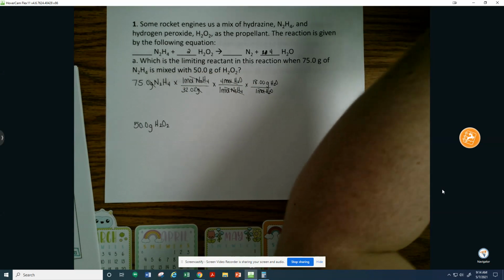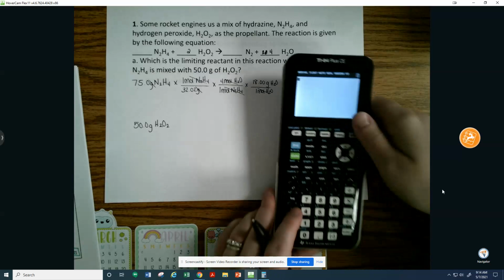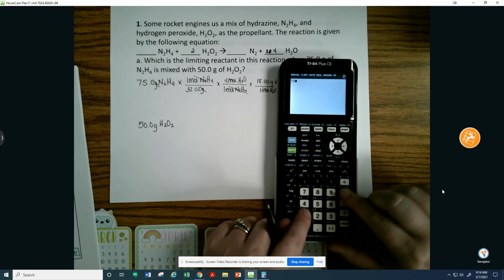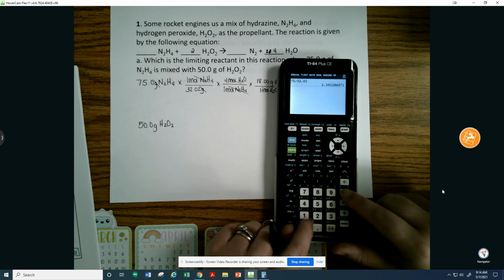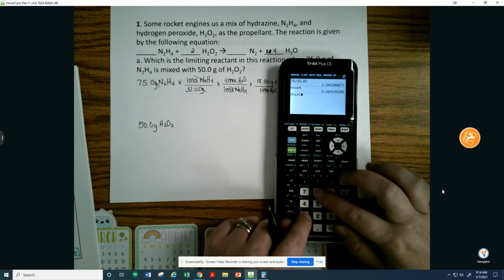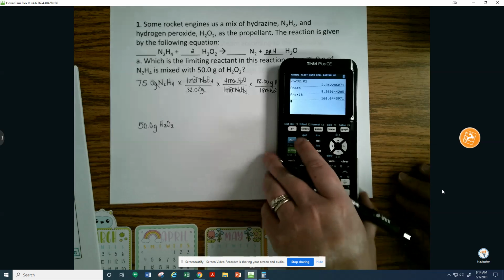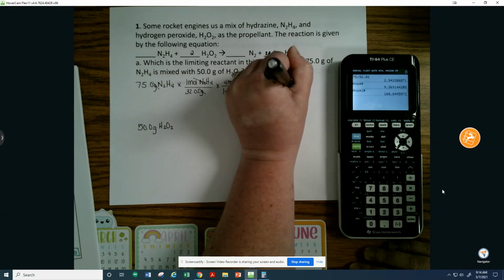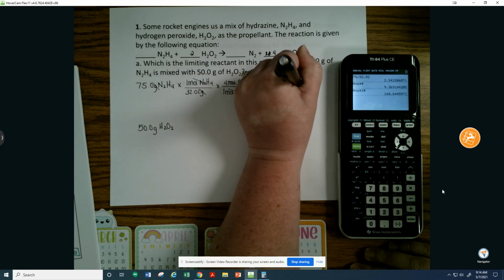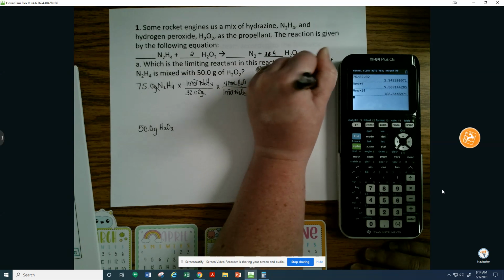Just to show you how I run this through on my calculator, I take 75 divided by my 32.02, enter that in, I multiply by 4, I times by 18. So I get an answer of 168.64, and I'm just going to round these off to 2 decimal places. And this is grams of H2O.